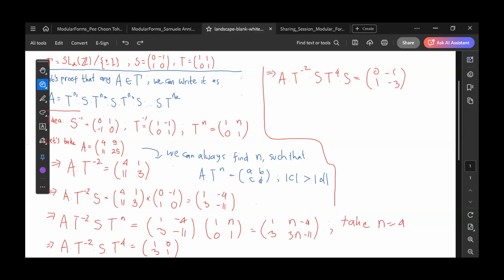And we do this again. So basically what we do here is that every time we multiply this with T to the power of something such that the absolute value of c is bigger than d, and then we multiply it by S, we exchange it again so that c will become smaller again than d, right? Then we multiply it again with some T to the power of n.